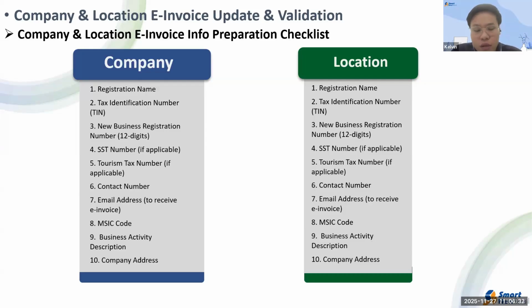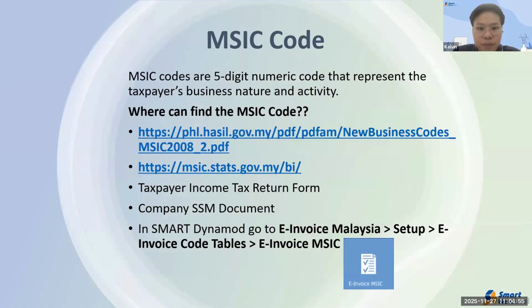Let's say if you have multi-locations, multi-outlets, multi-branch, how do we set up for that? As you can see on the screen, these are all of the basic information that you require for the company and location setup. So no worry about this. Later I will brief you one by one how we key in the details.